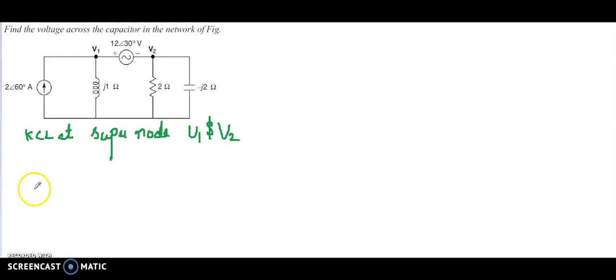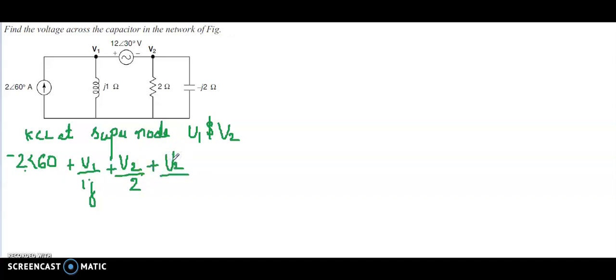We can write it as minus 2 angle 60, that is moving into the node, plus V1 by 1j plus V2 by 2 plus V2 by minus 2j is equal to 0. Let it be equation number 1.